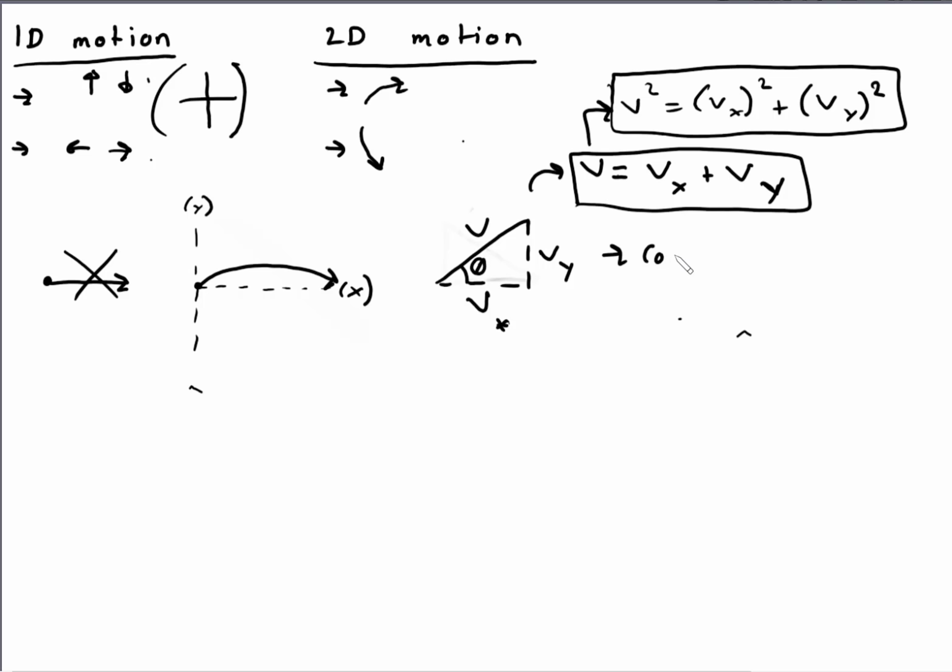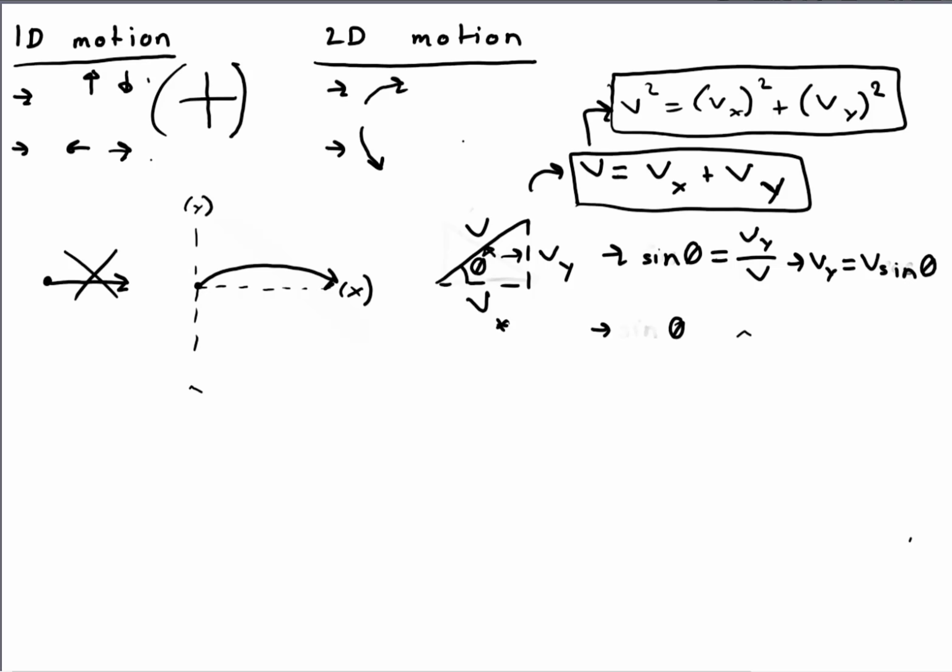As for the other relationships, we can construct trigonometric relationships from this triangle. Sine of theta is going to be opposite over hypotenuse, which is v sub y over v. So v sub y is equal to v sine theta.